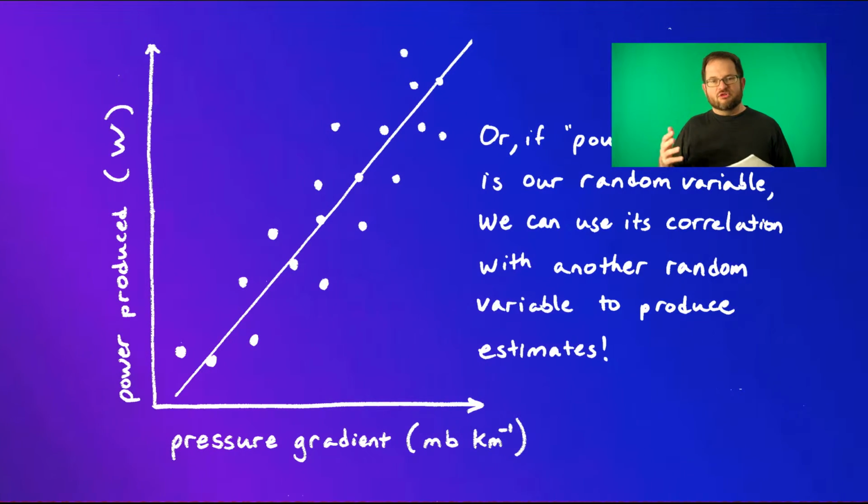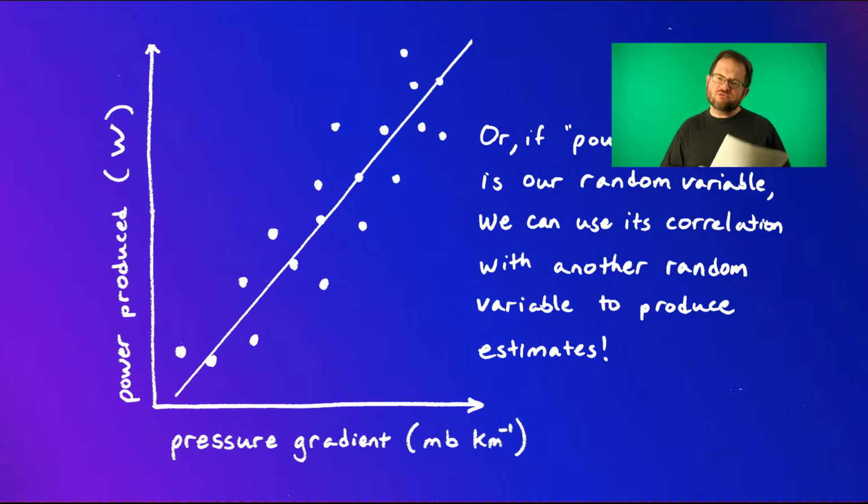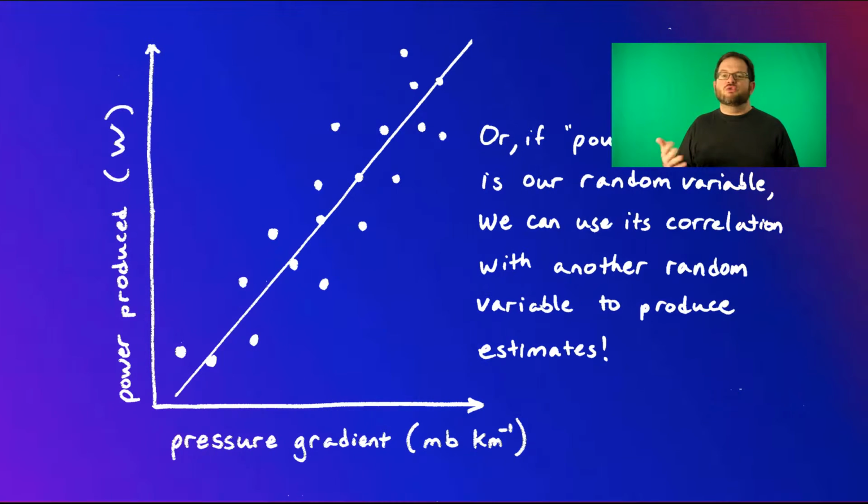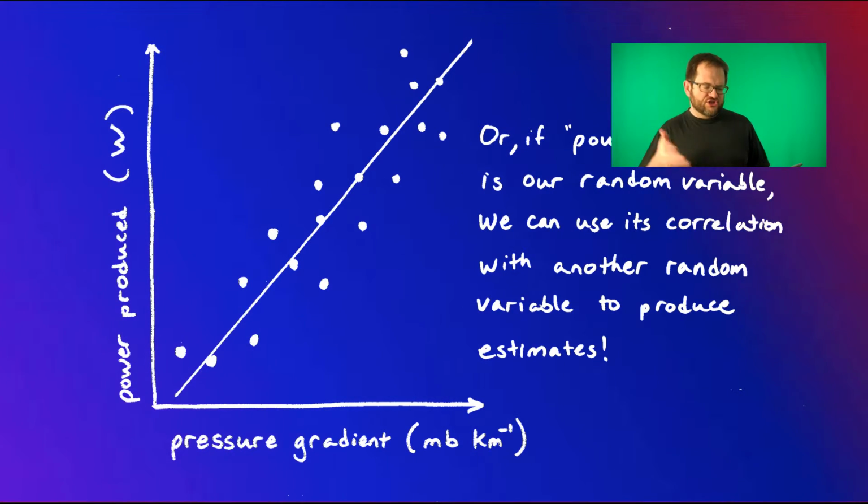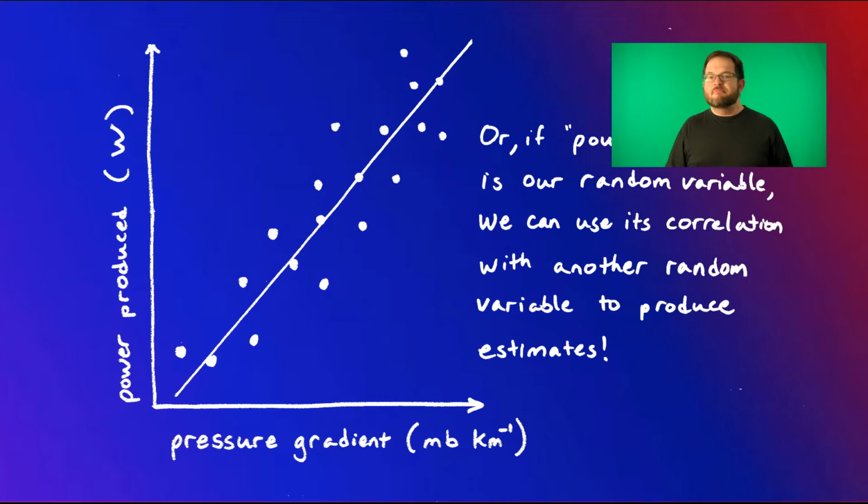Now, pressure gradient, remember, is what gives rise to the pressure gradient force. It's how pressure is changing with respect to distance. It's one of the main forces that are responsible for the speed of the wind. You can express the units in a number of different ways. Just for sake of argument here, I labeled them as millibars per kilometer. Okay, how many millibars the pressure changes every kilometer.